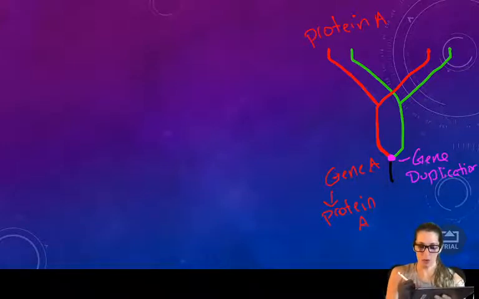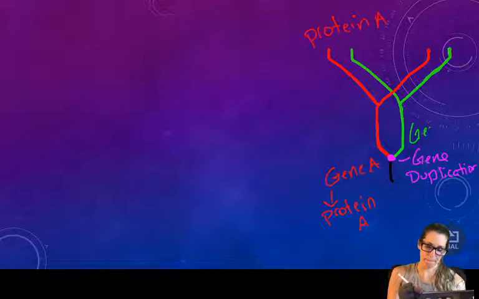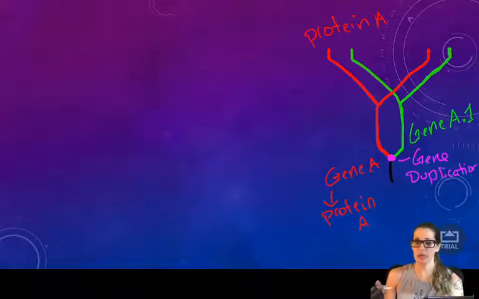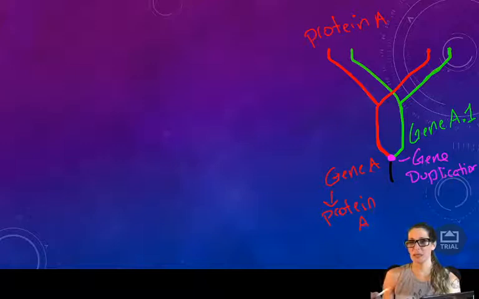Now maybe we'll call this gene A.1. It's going to start out identical to gene A, but over time it's going to experience different evolutionary pressures.